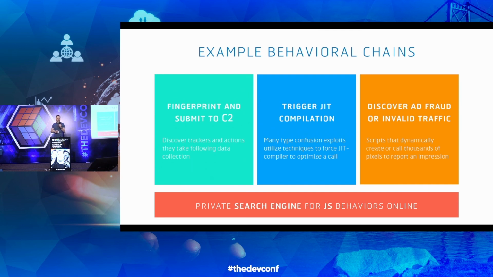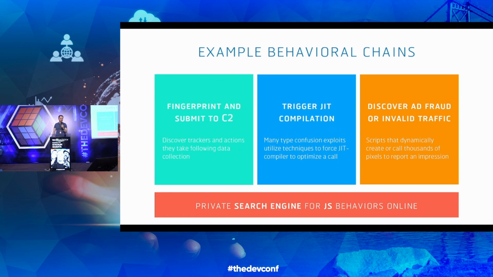Or maybe, if you're familiar with browser exploitation and binary exploitation, many types of exploits will utilize an approach where they have to call one JavaScript function 10,000 times to force just-in-time compilation on it, and then leverage that for code execution. So maybe this behavioral trait is an indicator all on its own of something fishy going on on the page, and maybe we could look for this kind of behavior.